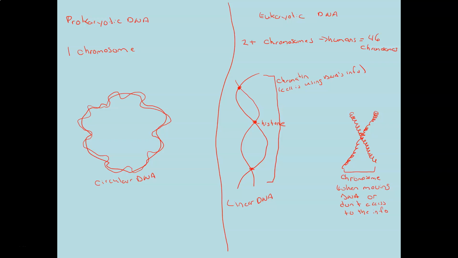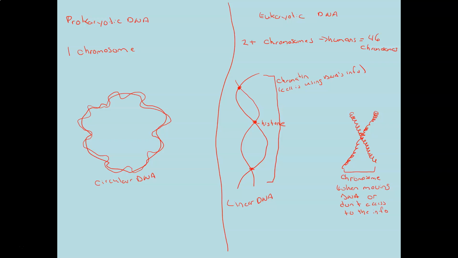So as your cells start differentiating and becoming brain cells, becoming muscle cells, becoming skin cells, they shut off the pieces of that 46 chromosomes that they don't need. So your brain cells are only accessing the components that make them brain cells. The rest of the information to be any other cell in your body is condensed and not accessed.